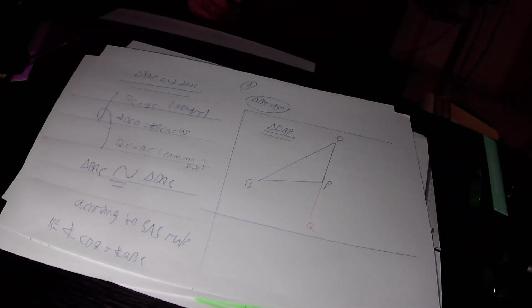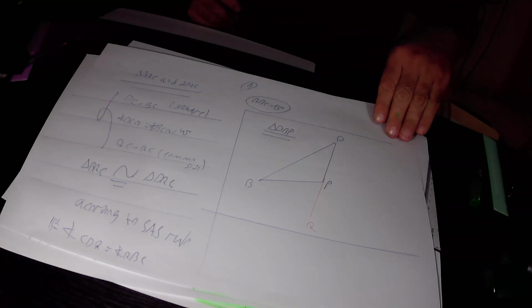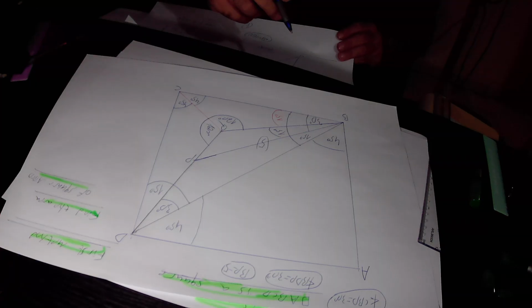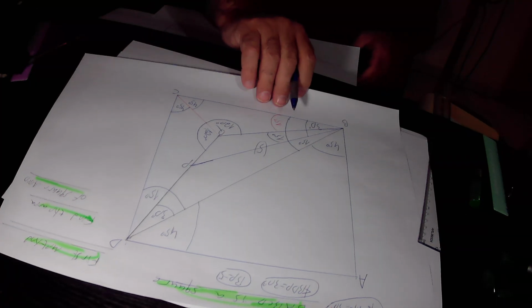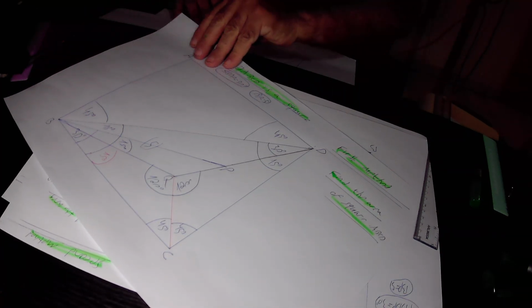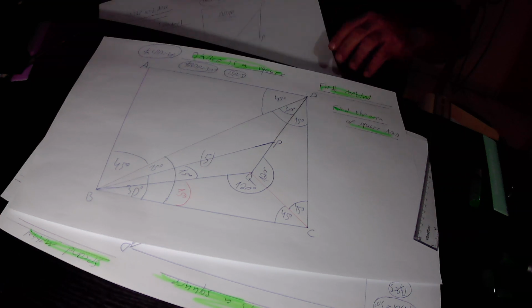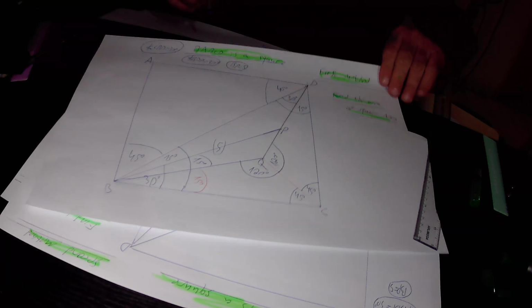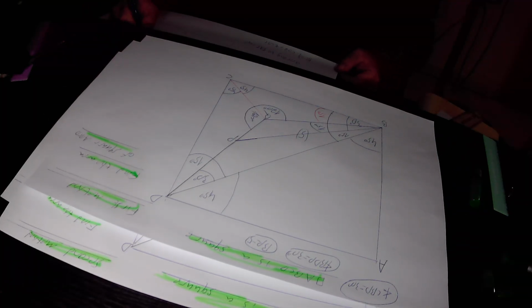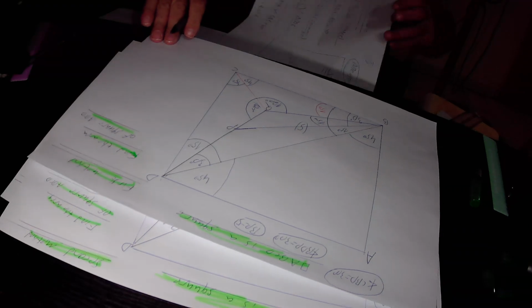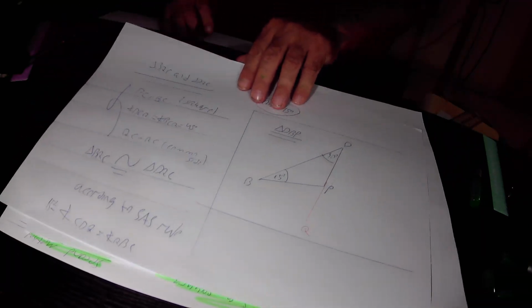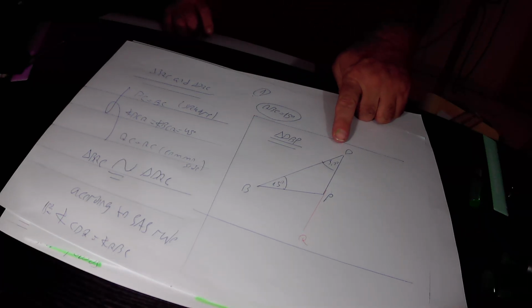Here this is triangle DBP from the original drawing. This angle equals 30 degrees.